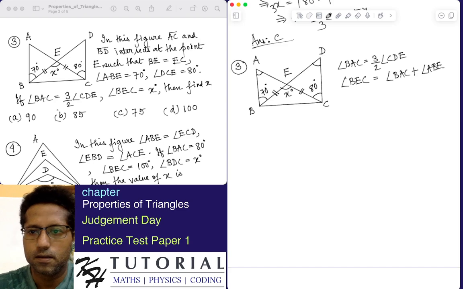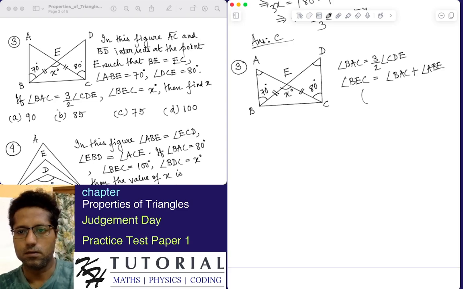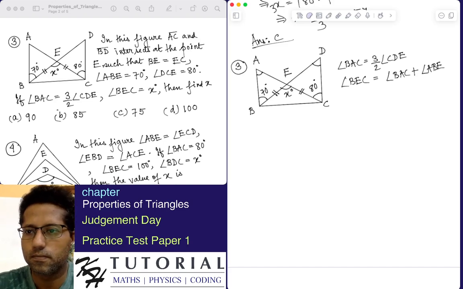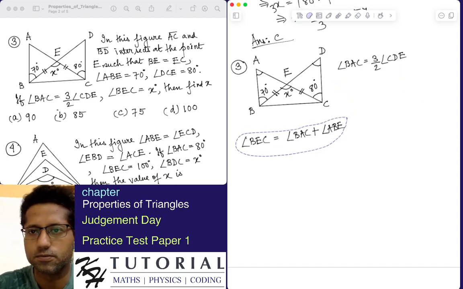Why? Because, no, let's write it this way. It is important while you solve problems that you write the steps properly.